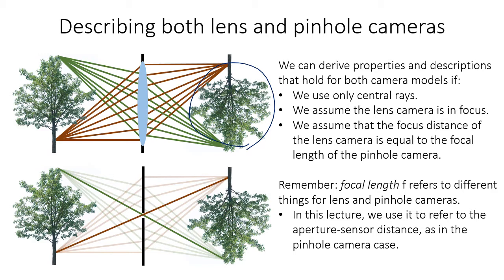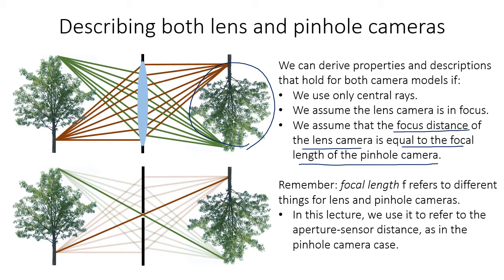So this assumption, in some sense, is valid. So we can use the pinhole camera model and the lens camera model without much difference in mathematical derivation. Also, we assume that the focal distance of the lens camera is equal to the focal length of the pinhole camera as explained in the previous slide.